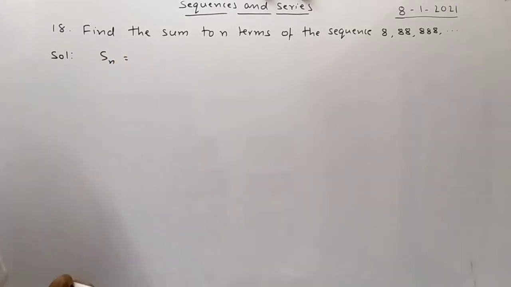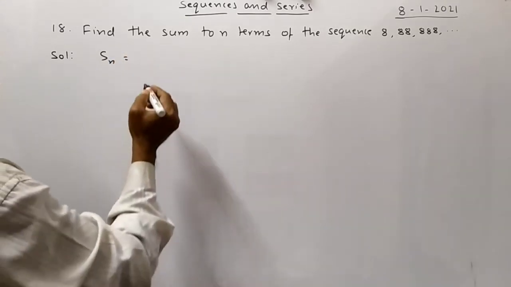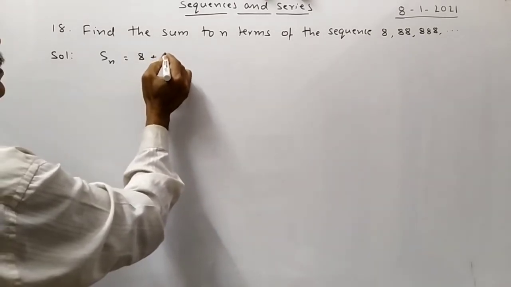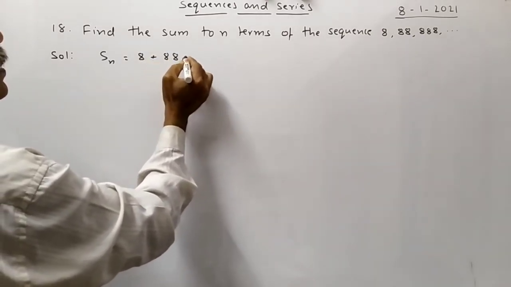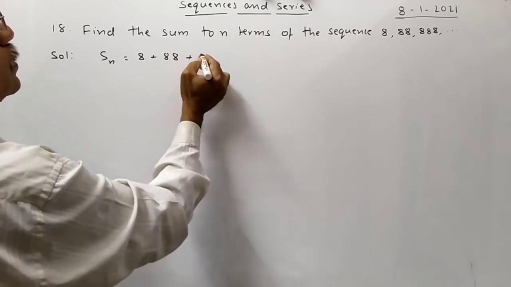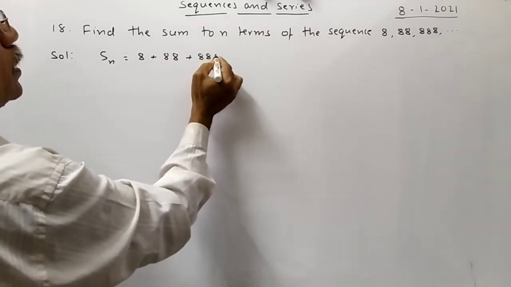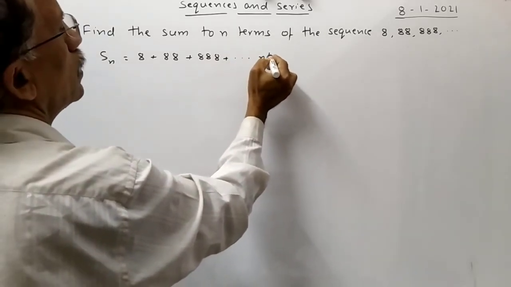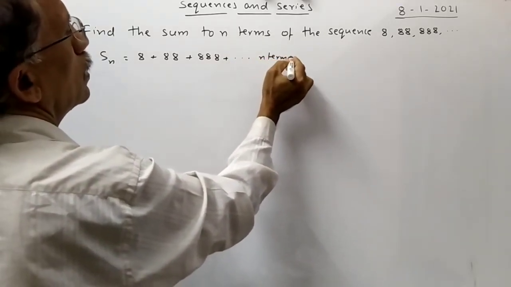Sn is equal to 8 plus 88 plus 888 plus and so on, n terms.